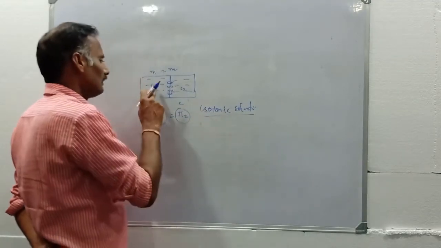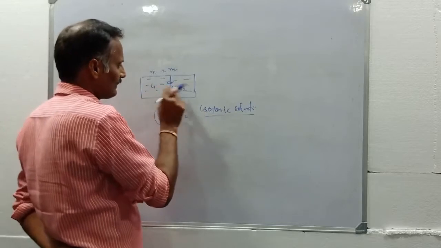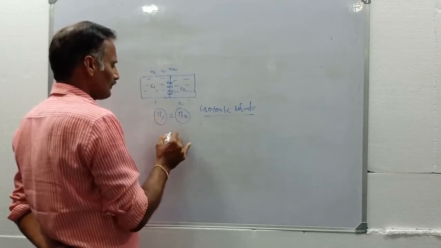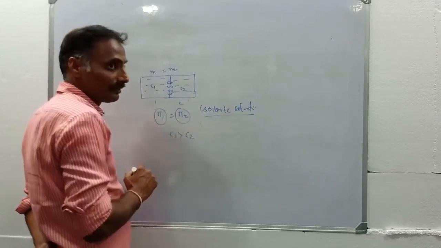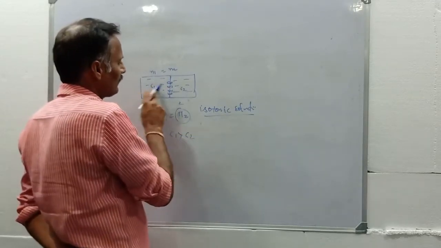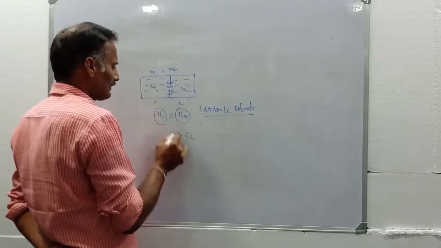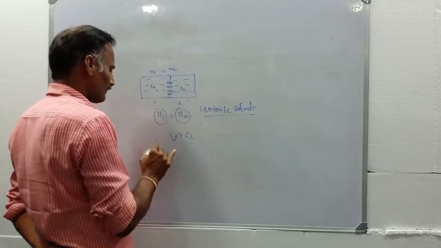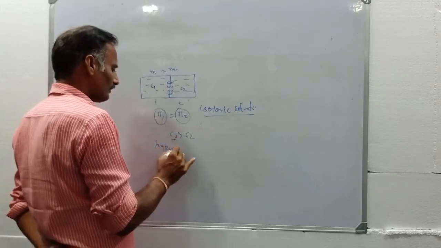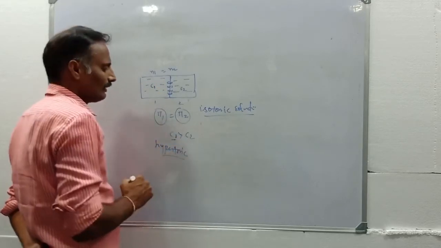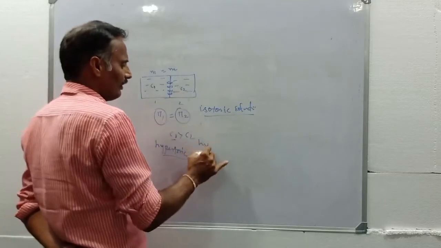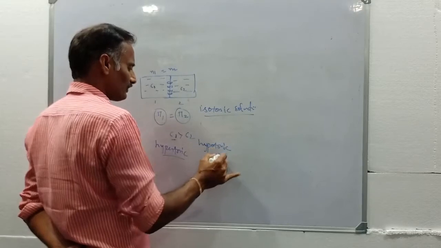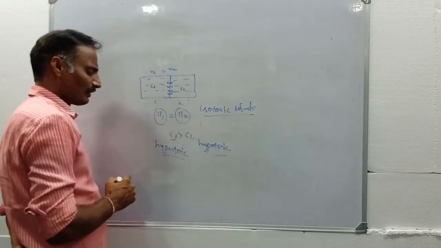If the concentration C1 is more than C2, the C1 solution is called a hypertonic solution, and C2 is called a hypotonic solution.